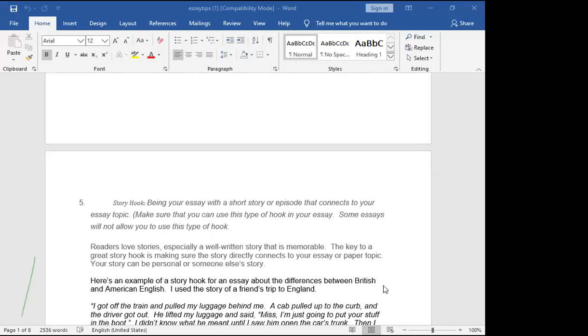So the key to a great story hook is making sure that the story directly connects to your essay theme or paper topic. Your essay theme, that is what you are going to write about. I have been constantly giving an example of a road accident. Here is an example of a story hook for an essay about the difference between British and American English.